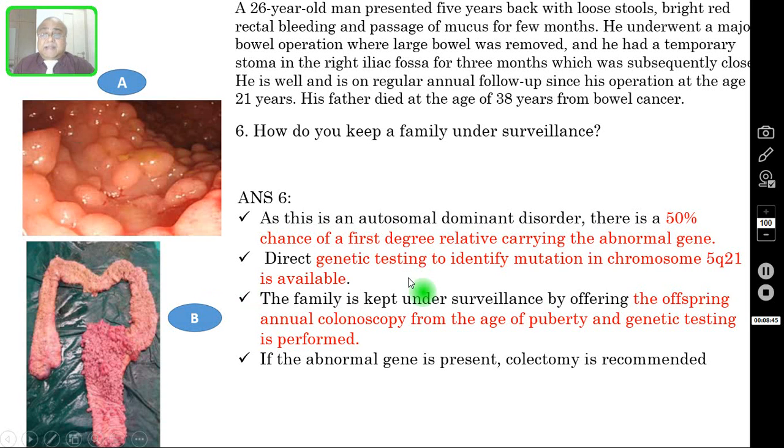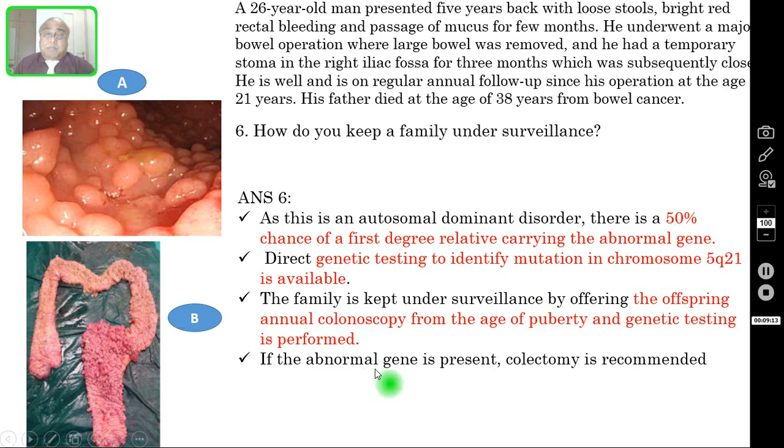Direct genetic testing to identify the mutation in chromosome 5q21-22 is available. The family is kept under surveillance by offering the offspring annual colonoscopy from the age of puberty, and genetic testing for this APC gene mutation also can be performed.